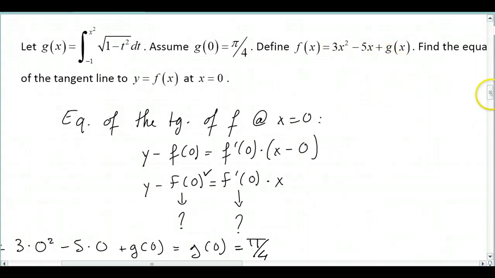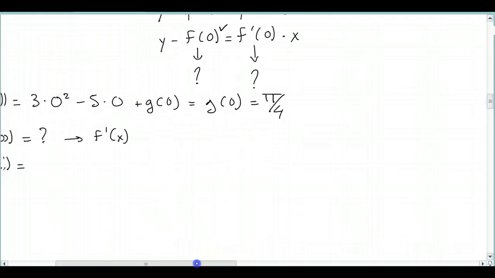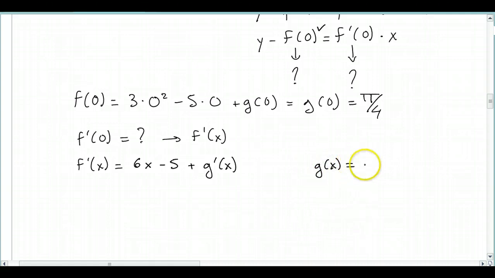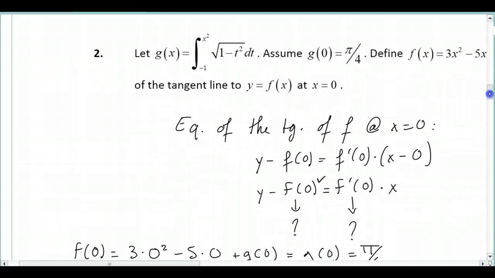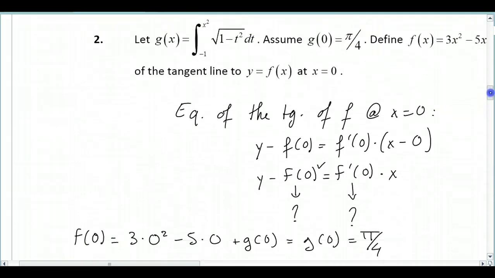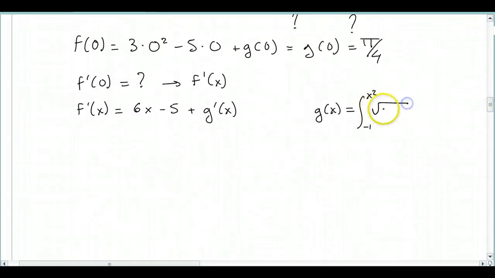So it is 6x minus 5 plus g prime of x. Okay, so what's g prime of x? Let me get g of x. G of x is the integral from -1 to x squared of 1 minus t times square root of 1 minus t squared dt.